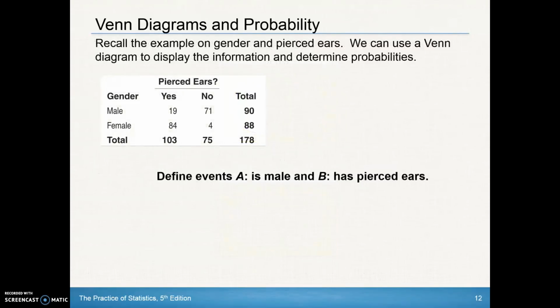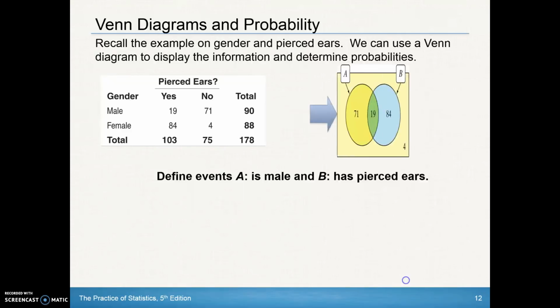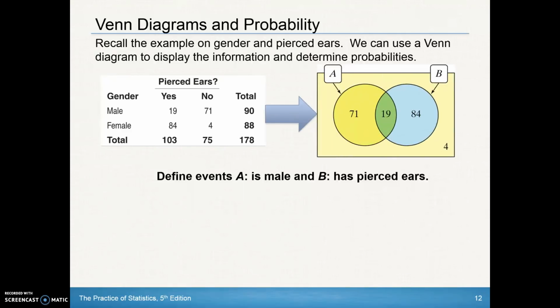So what we can do is use a Venn diagram to help display that information, rather than try to pull that information out from the table. So here's this for the more visual learner. What I always do when I start these problems is start with the intersection piece right here.